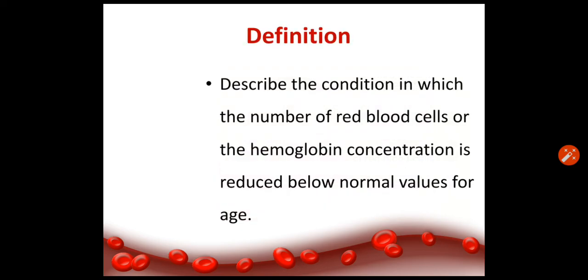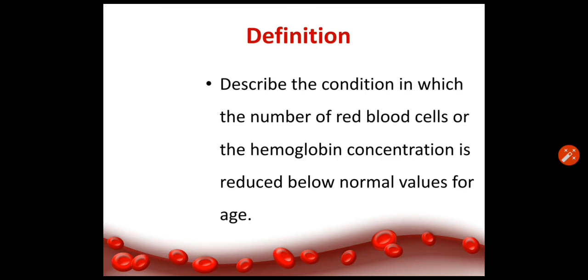Next we can see the definition of anemia. It describes the condition in which the number of red blood cells or the hemoglobin concentration is reduced below normal values for age. So when you are reading this definition, there are importantly 3 points you have to understand.